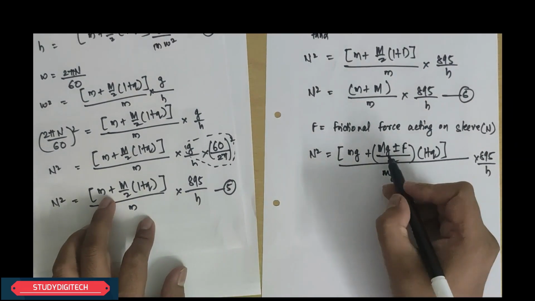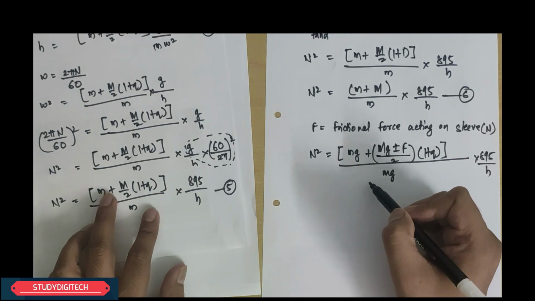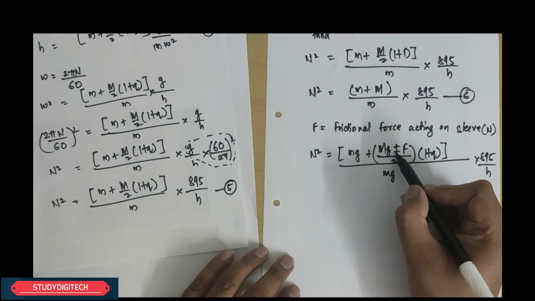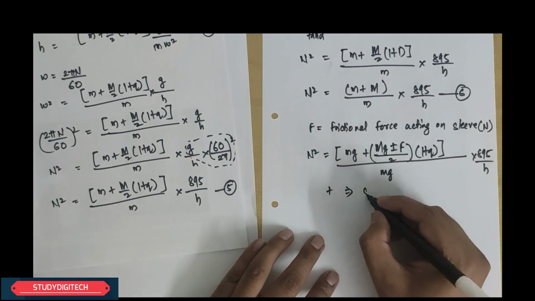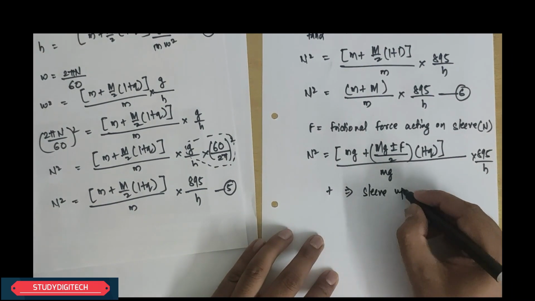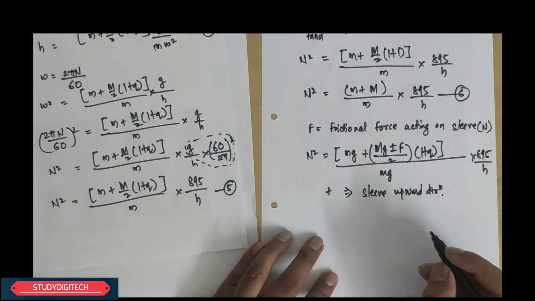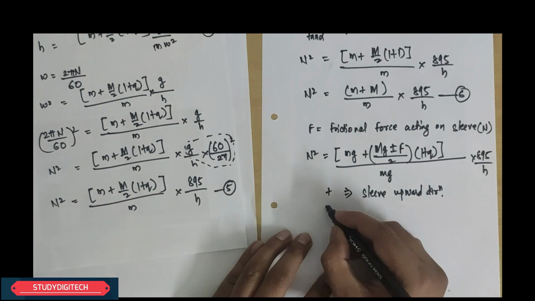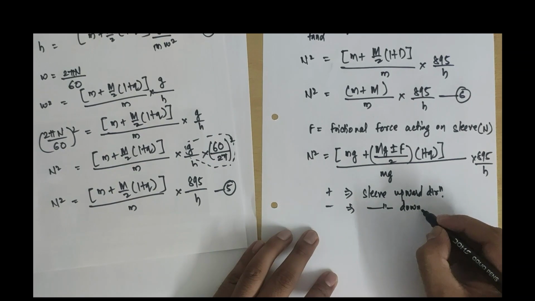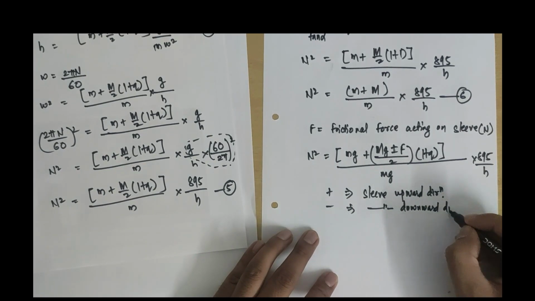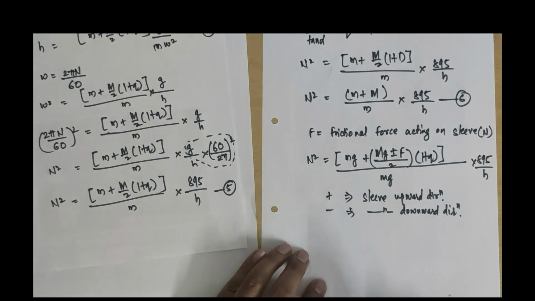We have considered the gravitational force acting in the downward direction because of the motion. Here plus represents when the sleeve moves in the upward direction, meaning the governor speed will increase, and negative when the sleeve moves in the downward direction, meaning the sleeve speed will decrease.